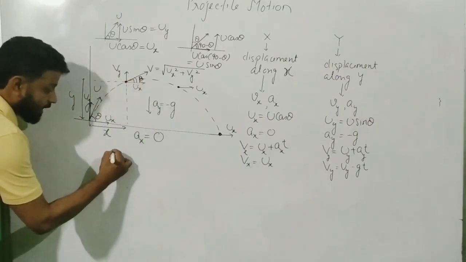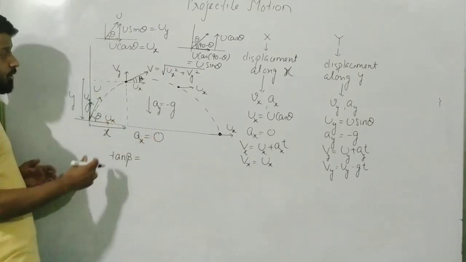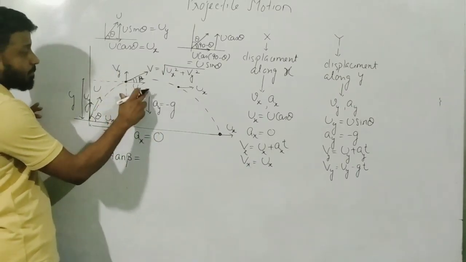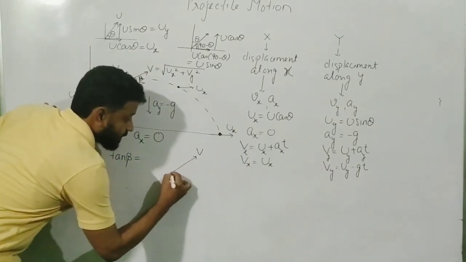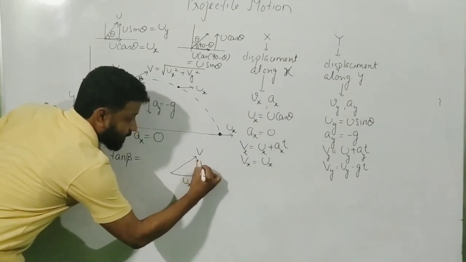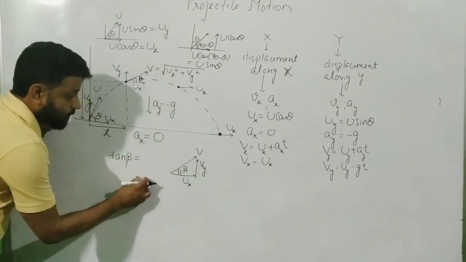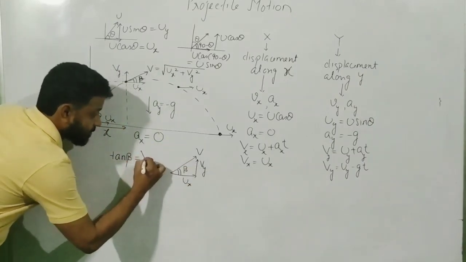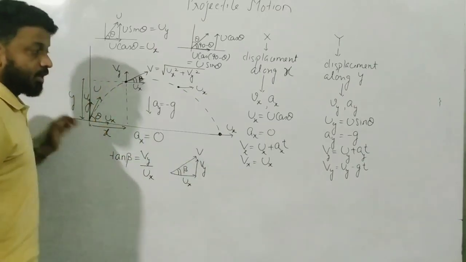So how will you find tan beta? The simple logic is perpendicular by base. So if this is my v, this is my ux, and this is my vy, if I construct the vector diagram, and this angle I am calling beta, how will you find it? Perpendicular divided by base. And don't forget what Vy is.